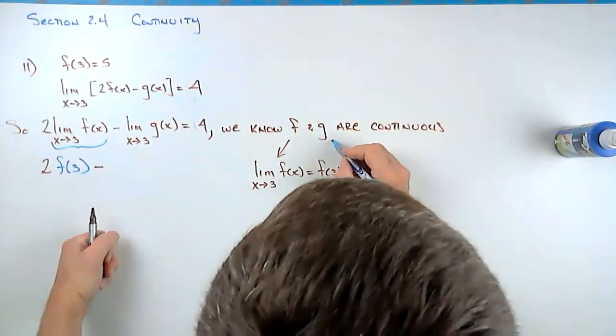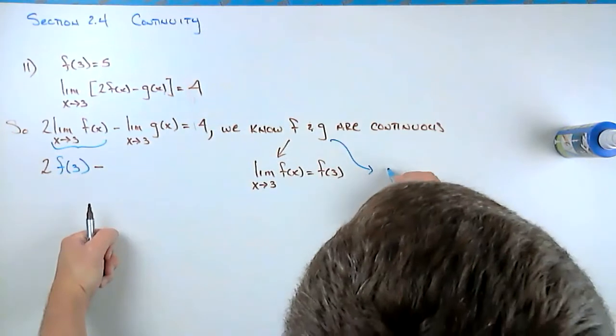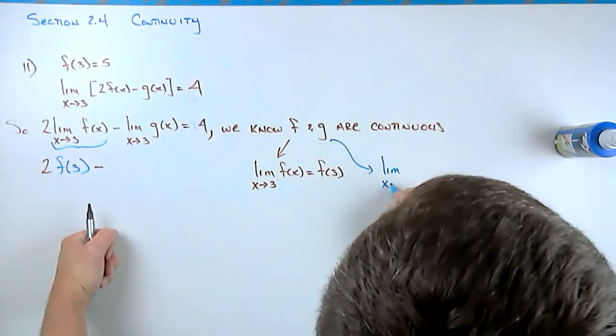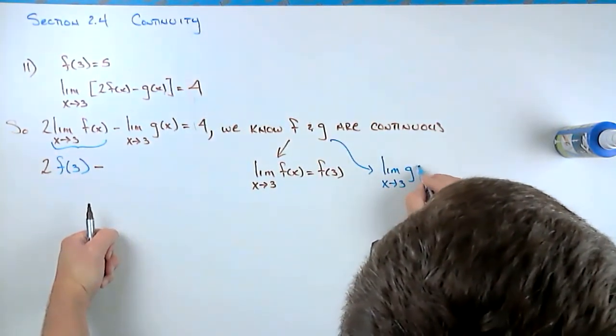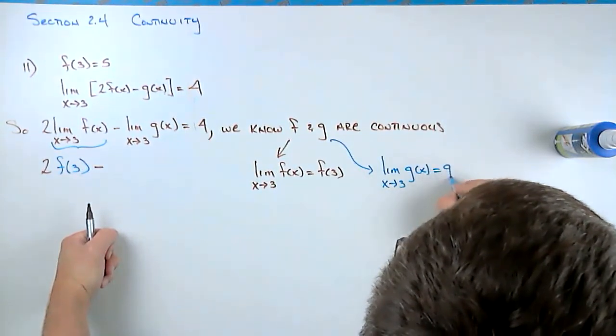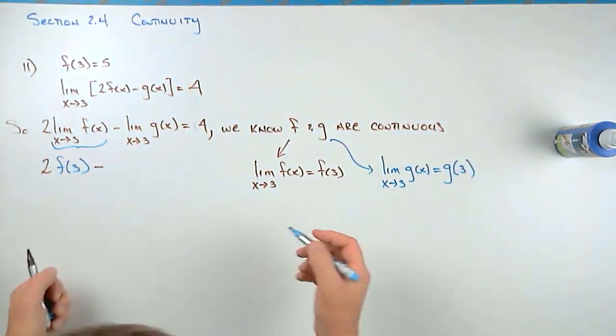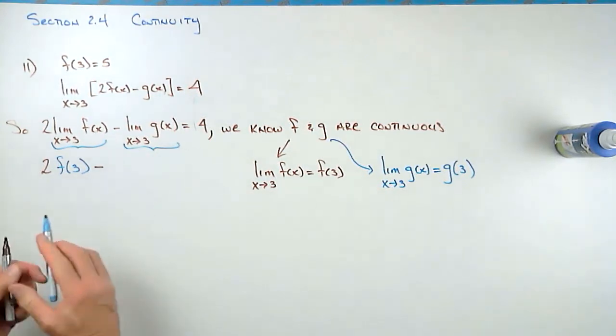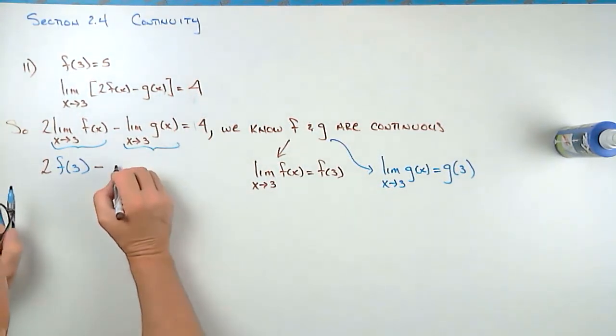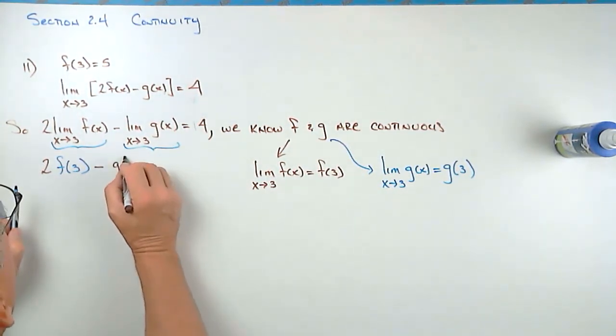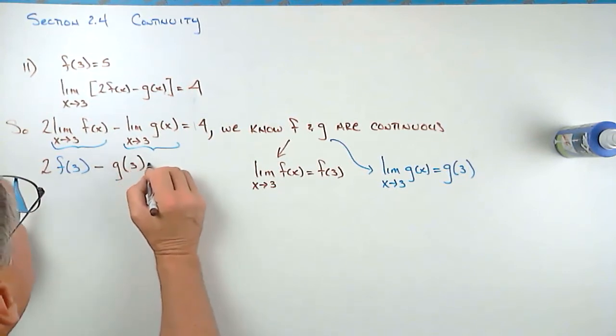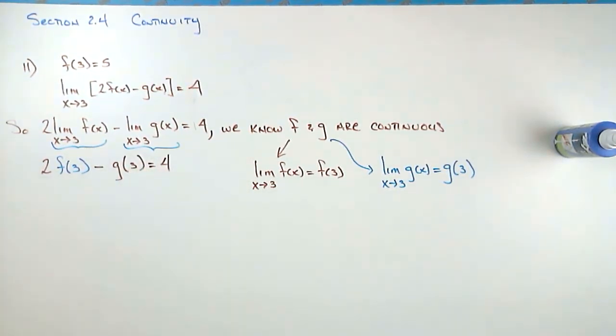But g is also continuous, right? g is also continuous. So the limit as x approaches 3 of g of x equals g of 3. So we can do a similar substitution over here, and we can replace this with g of 3. Now we know what f of 3 is, right? We were given f of 3 as 5.